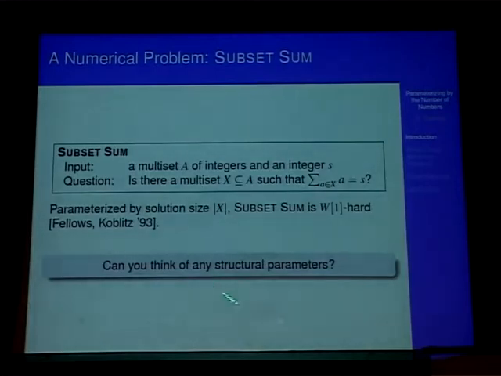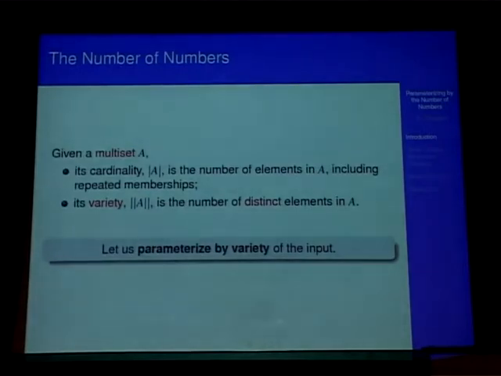So we want to think now about some structural parameters for these numerical problems. The one we propose is the variety of the multiset in the input. Given the multiset, its cardinality is the number of elements, including repeated memberships. The variety is the number of distinct elements in the multiset.